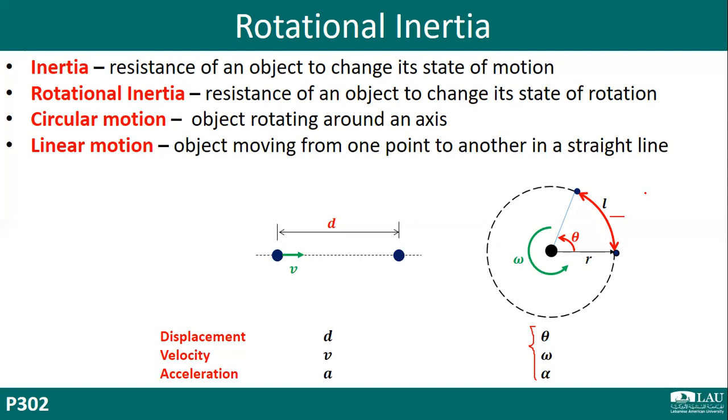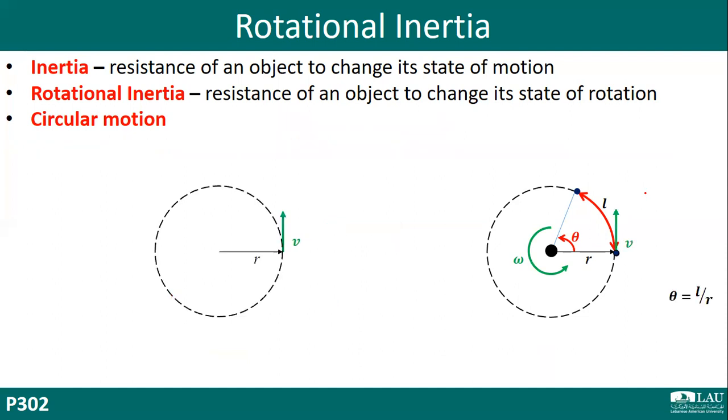Omega is the angular velocity, and we can also find a relationship between the linear and the angular velocity, and of course they will be related using the radius. And alpha is the angular acceleration. Now, every point in a rotating body has an angular velocity omega and also a linear velocity v.